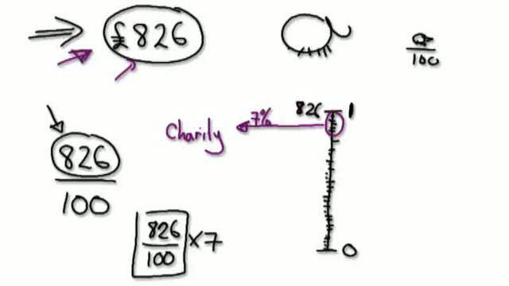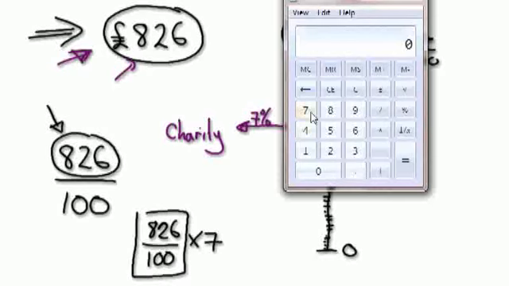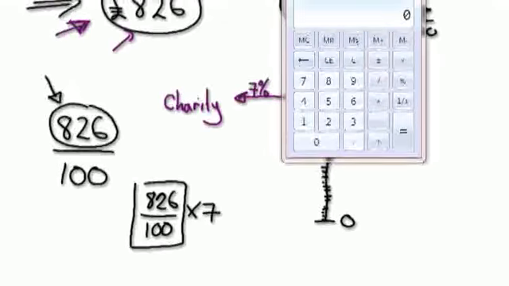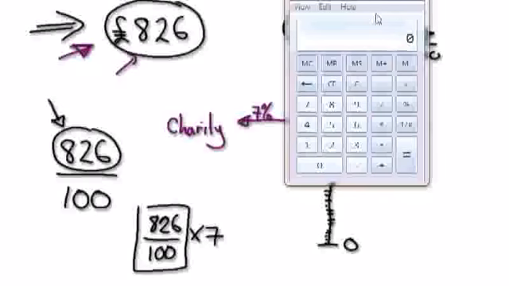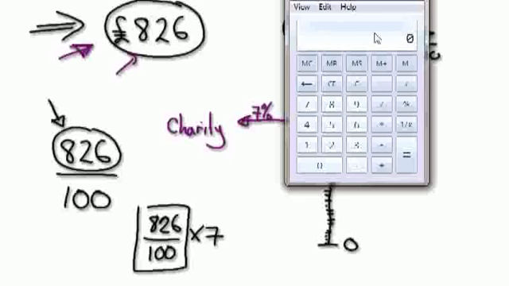So if you get a calculator out. Okay. Let's just say you've got your 100 pieces. Your whole thing is 826 pounds or dollars or whatever. And then you divide it by 100. That means you're cutting into 100 pieces. So each piece is actually £8.26.